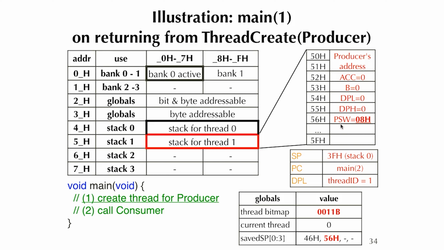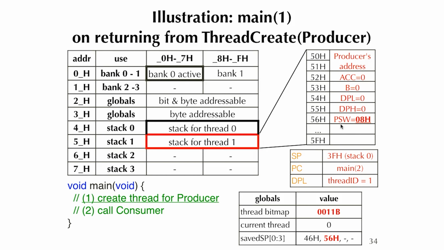Now PSW, on the other hand, is different. Why? Because remember, PSW includes the register select bits, bits 3 and 4. By restoring PSW, we also select which register bank it is. So bits 3 and 4, what are they? Lower bits are 0, 1, 2, 3, and upper bits will be 4, 5, 6, 7, right?